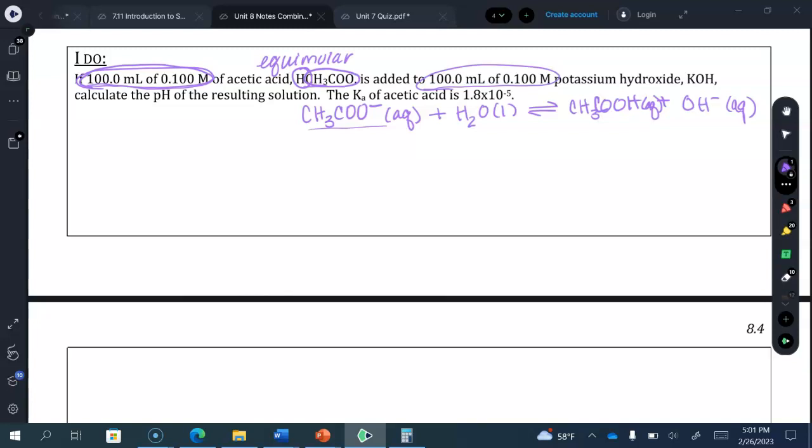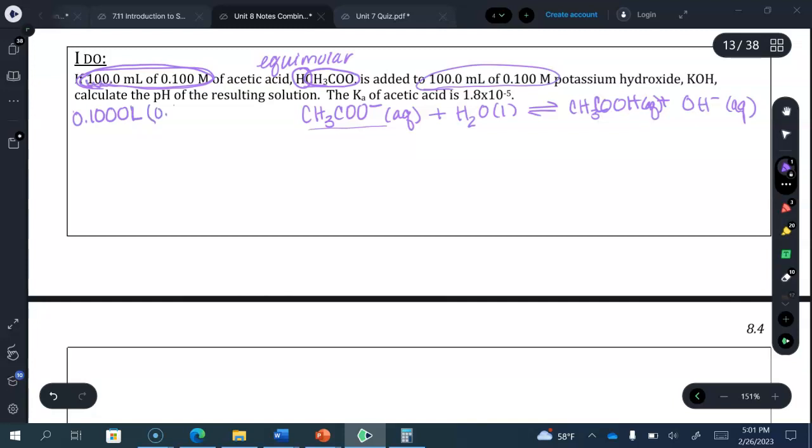So if I figure out the moles of the acetic acid, that would be 0.1000 liters, because we divide by 1,000 to get liters, times 0.100 molar, which is 0.0100 moles.